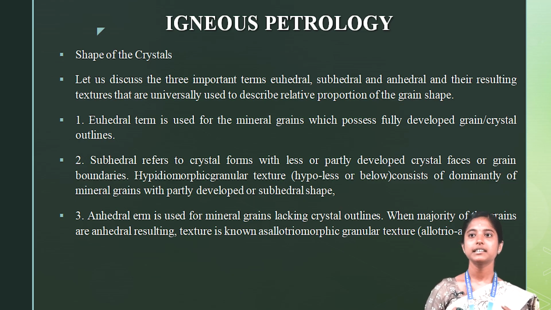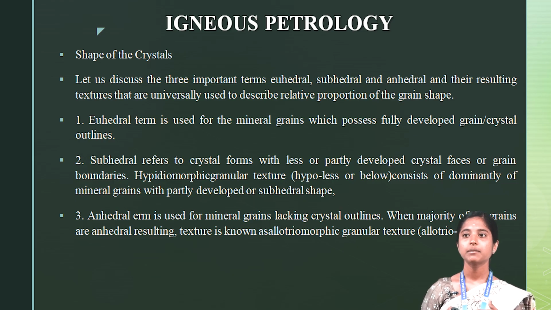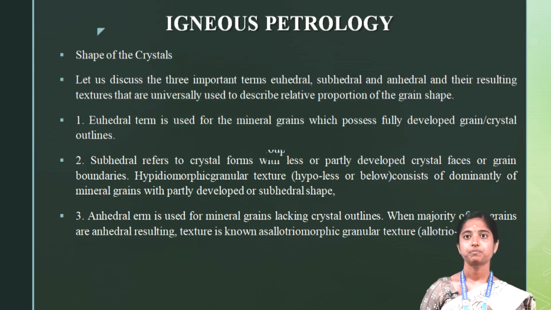When the majority of the grains are anhedral, the resulting texture is known as allotriomorphic granular texture, also called xenomorphic granular texture. An example of this is aplite. The texture is also called aplitic because it is best developed in aplites. They are the hypabyssal equivalent of granite.